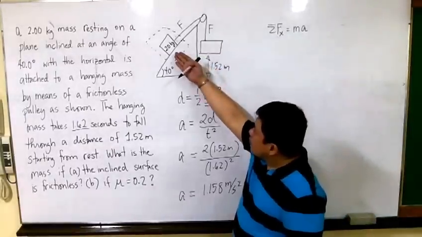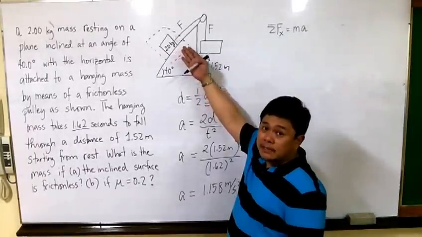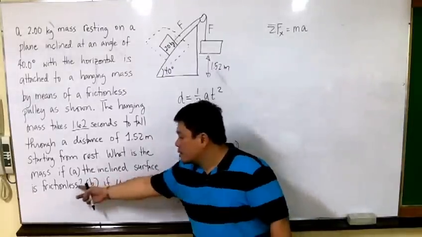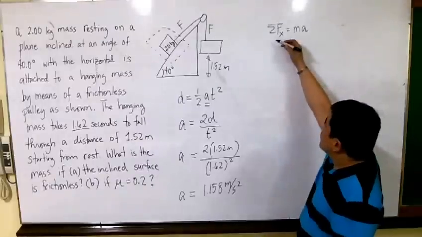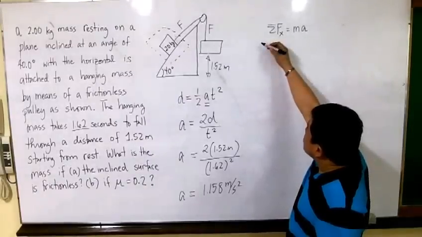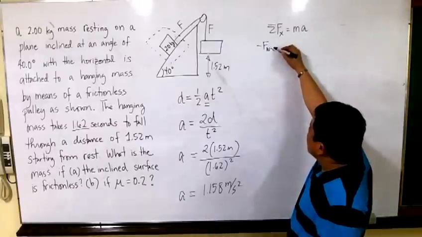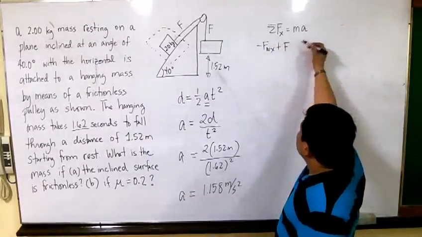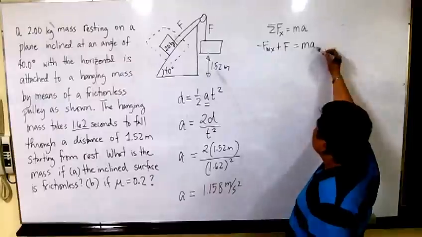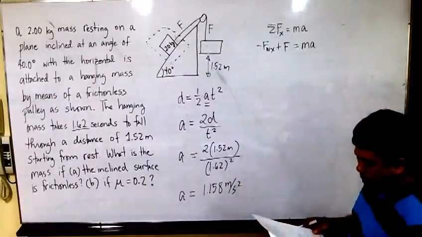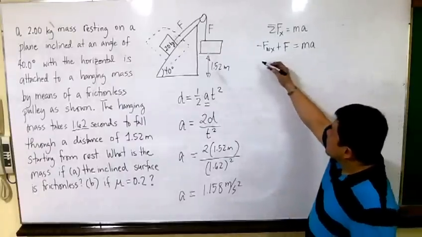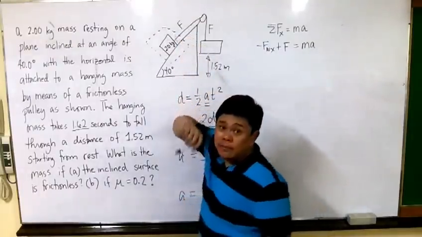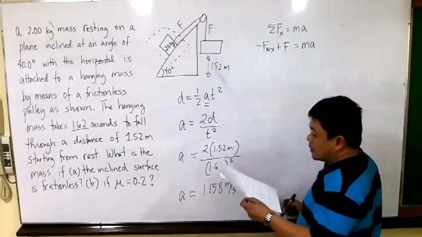Now, with respect to this 2.0 kilogram mass, there is no friction, as mentioned in letter A. So the forces acting along the x would just be negative Fwx plus the F equal to m times a. Now, the Fwx is taken from 2.0 kilograms times 9.8 meters per second squared.